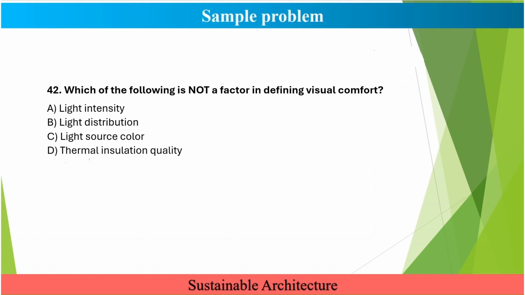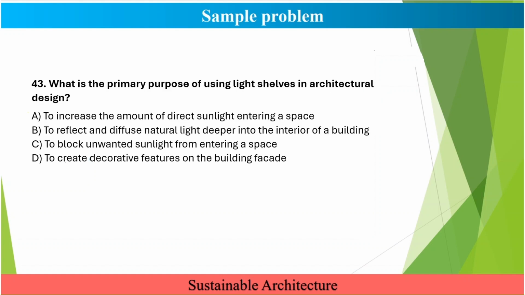Let's move to question number 43. What is the primary purpose of using light shelves in architectural design? To reflect and diffuse natural light deeper into the building. B. So all of you are fine with answer B?